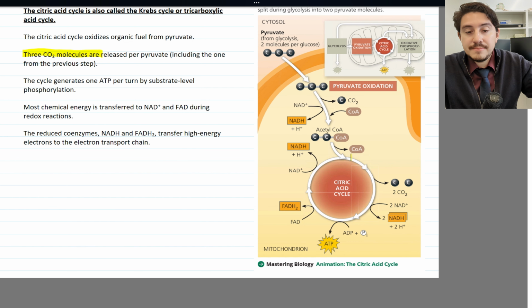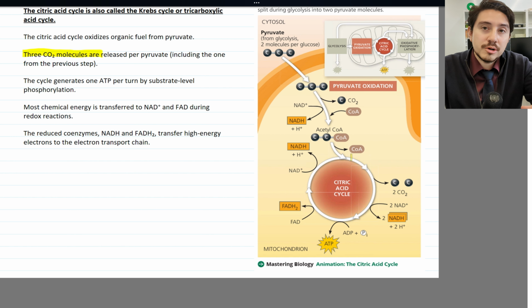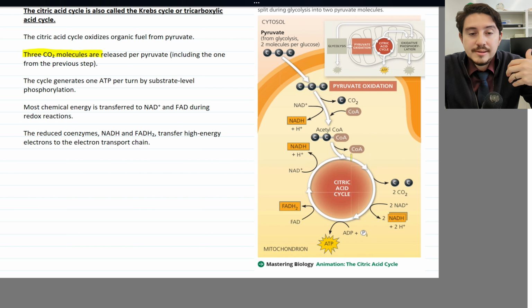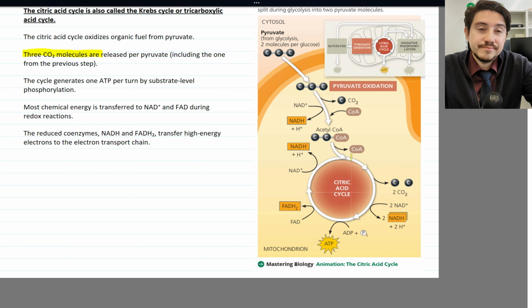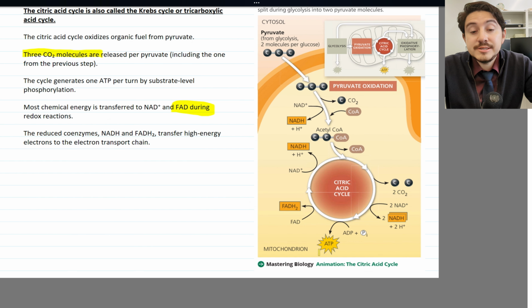changing into isomers, changing into different structures. As they're doing that, they are releasing electrons to be received by NAD plus and be reduced into NADH. You'll have another player, as we're going to take a look, called FADH, which serves a similar function as an electron carrier. We're going to take a look at that also. You're also going to produce ATP by substrate-level phosphorylation.